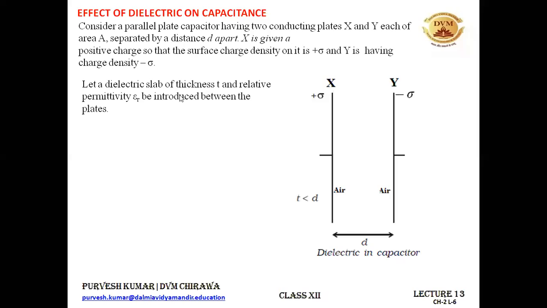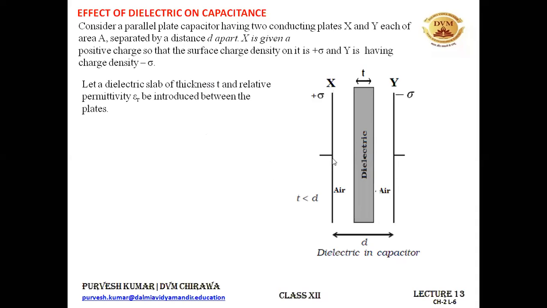So if you insert the dielectric slab of thickness t in between the plates, the relative permittivity is epsilon r. This is what we have done: we have inserted a dielectric slab of thickness small t in between the plates. We need to find the capacitance of this capacitor now.